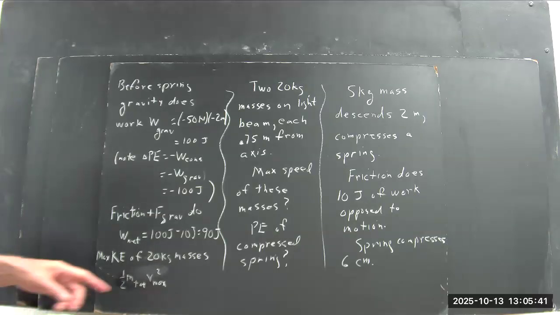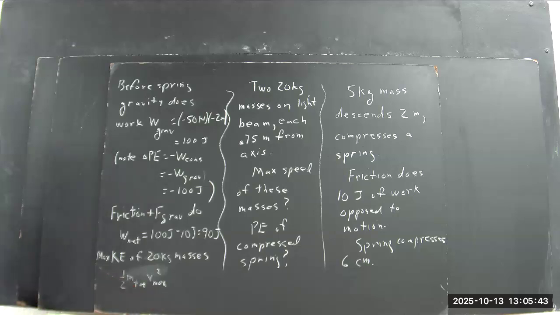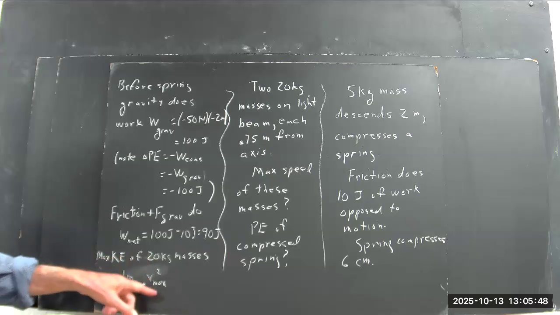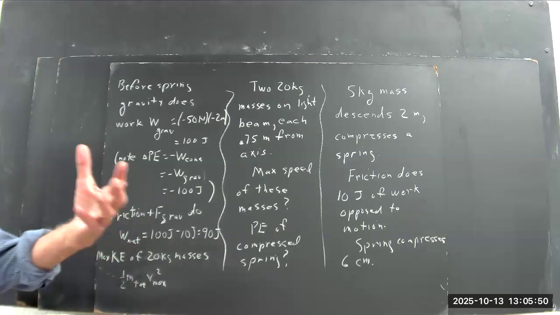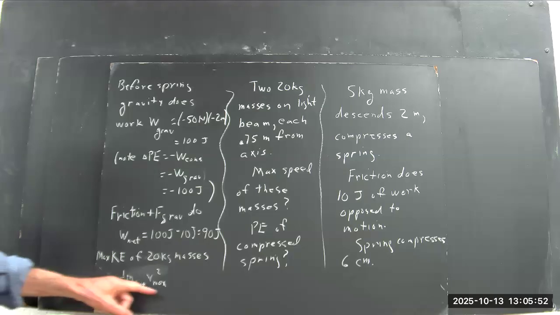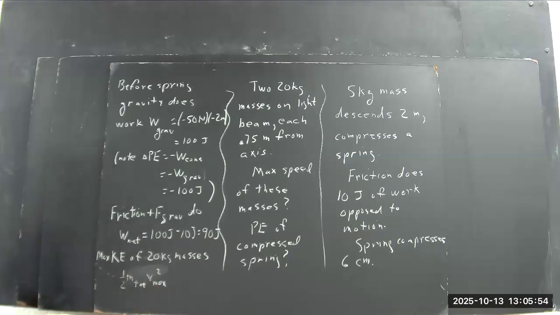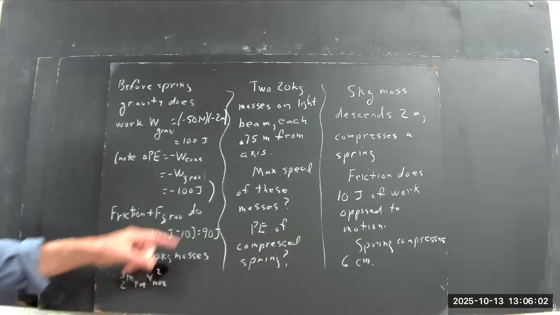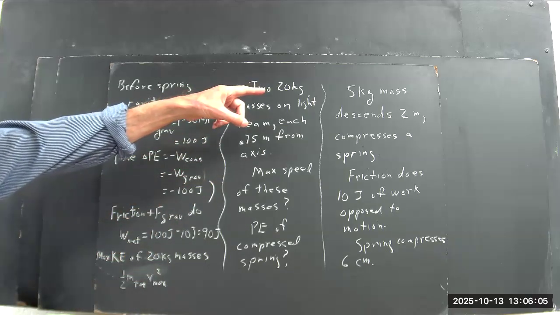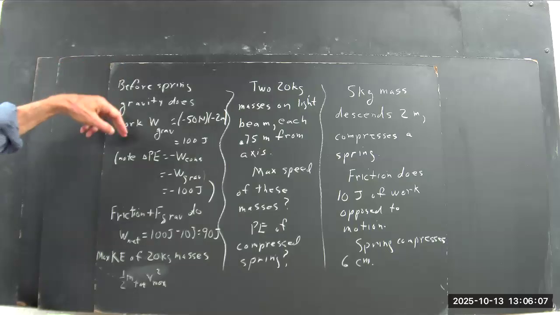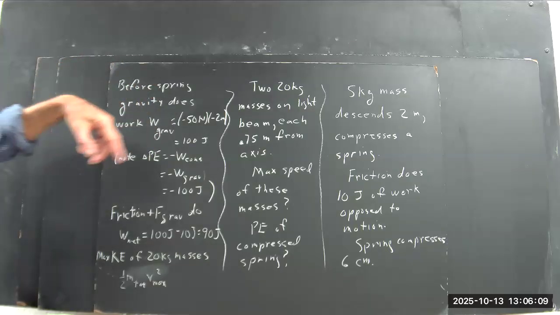Times V max squared. And I call it V max. If you're going to use 1/2 mv squared, you want to be specific about what mass and what velocity you're talking about. We're talking about the total mass because you have 5 kilograms of mass moving and you have 40 kilograms of mass rotating.